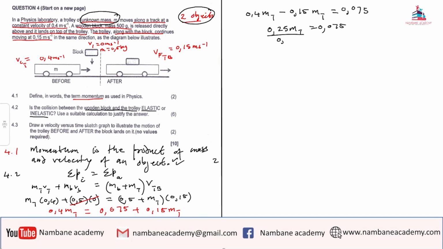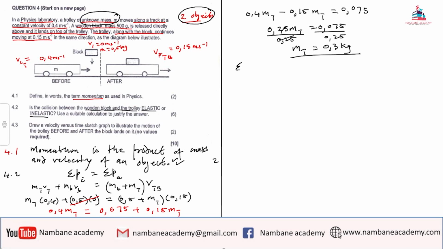Divide by 0,25 on both sides. They cancel. Then the mass of the trolley is 0,075 divided by 0,25, so the mass of the trolley is 0,3 kg. Now I have the mass of the trolley. I am not worried about any unknown.